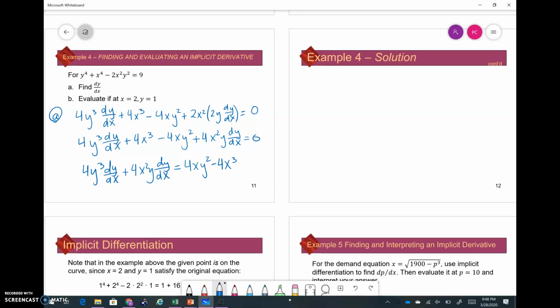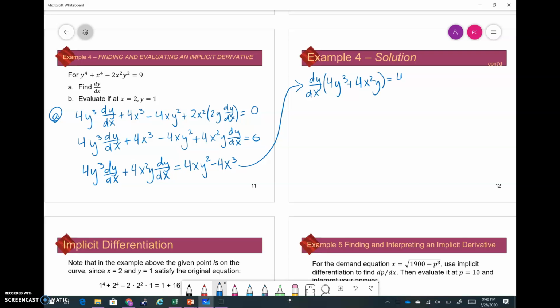Alright? Now, that next step tells us to factor out the dy over dx and then divide by what's left over. So if I factor it out, I've got dy over dx times 4y cubed plus 4x squared y.